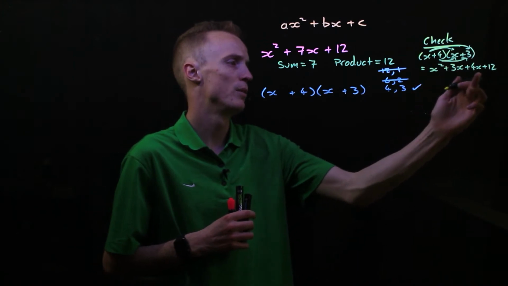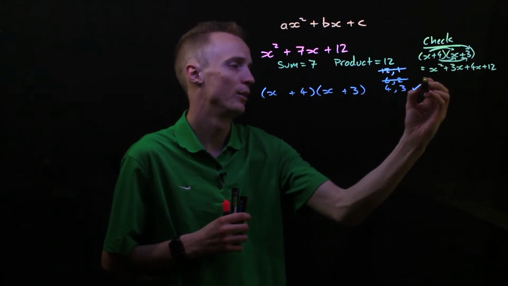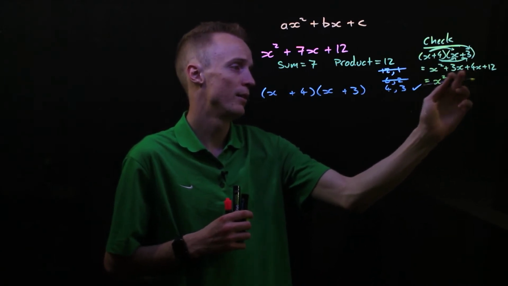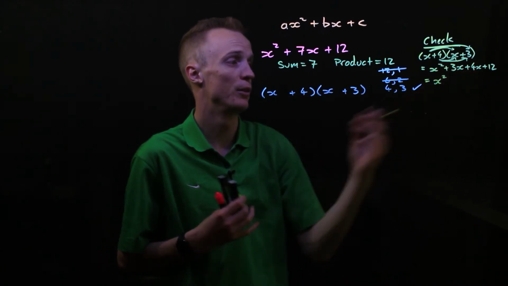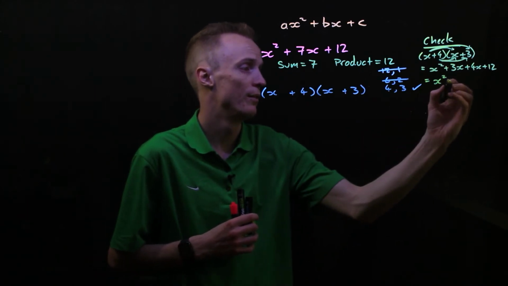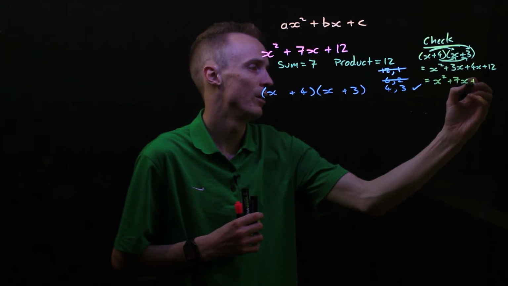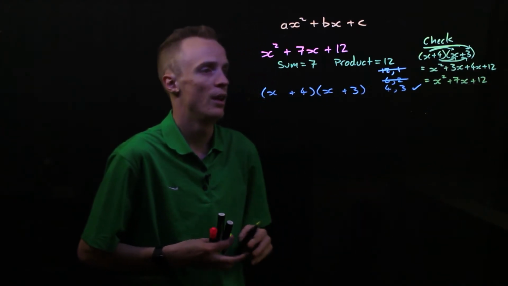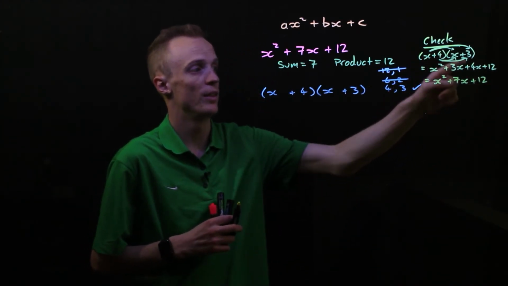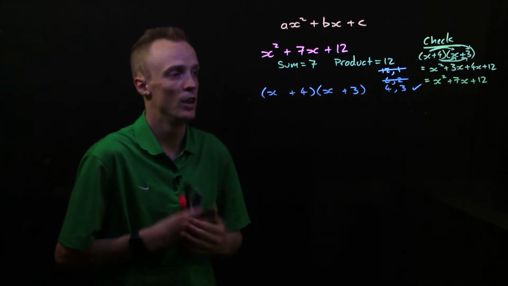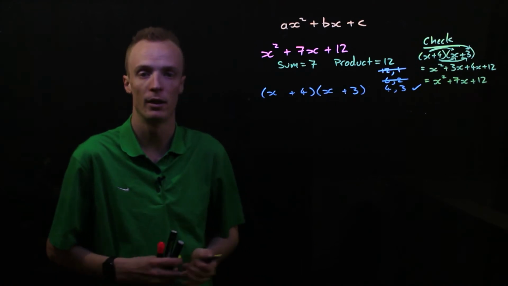There's no other term here that has x squared, so it will still be x squared. These two here are like terms because they've both got the x. So we've got 7 of them, so plus 7x. And then the constant at the end of plus 12. And what you can now see is when we expand these brackets out, we arrive back to the same thing that we had to begin with, which means that we've factorised this correctly.